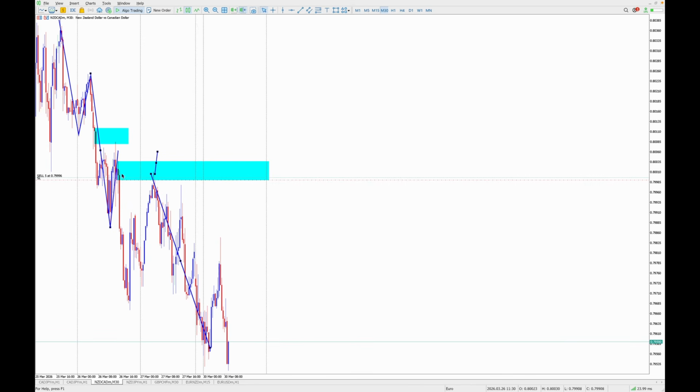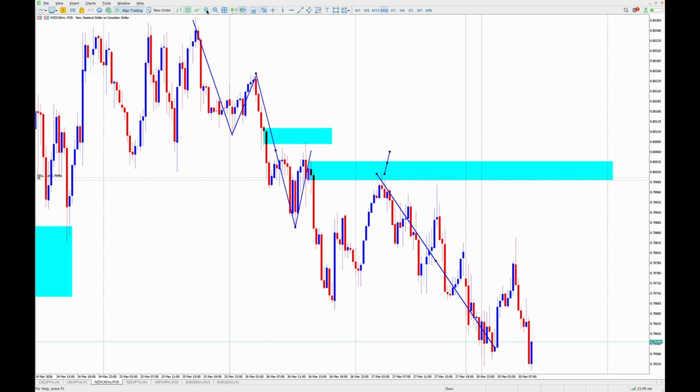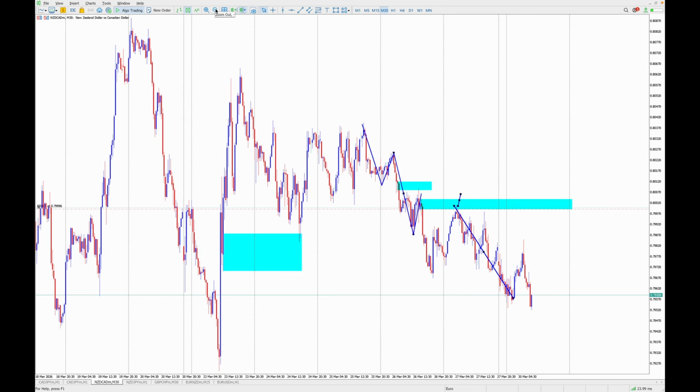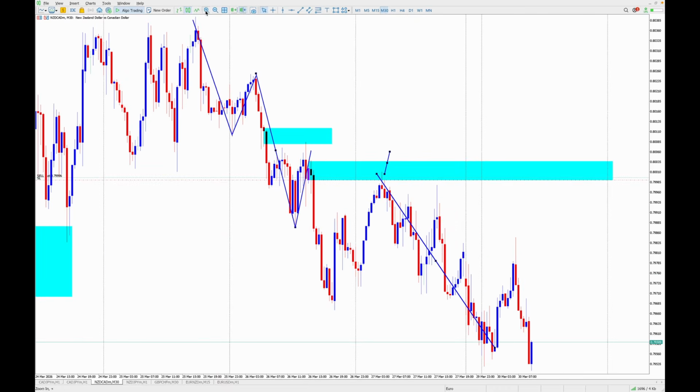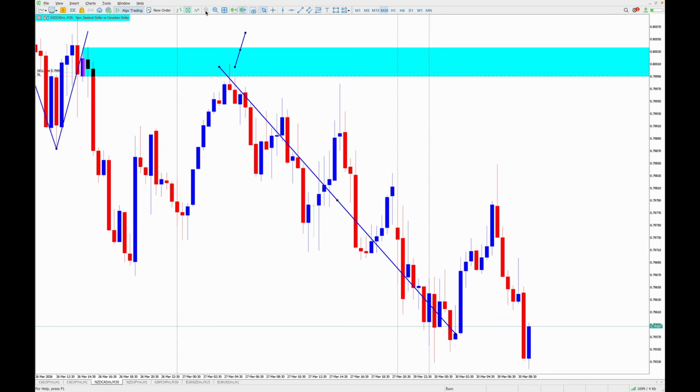So as you can see, this is a very clean supply zone, and I'm going to talk about how you can actually filter out these supply zones and look for supply zones which have a higher probability of actually playing out. Because what people do is they draw these supply zones all over the place, and that will usually lead to you having a lot of losses or making a lot of mistakes.